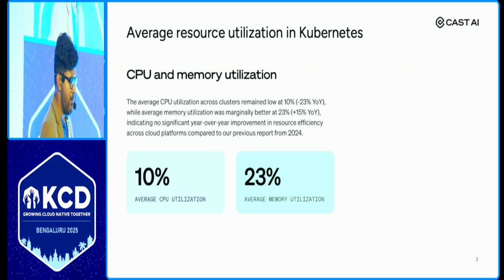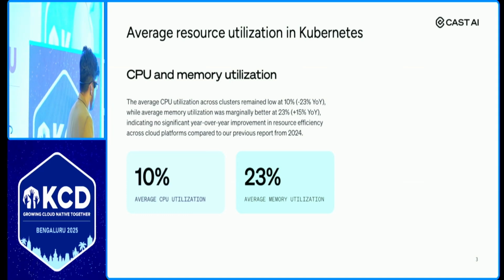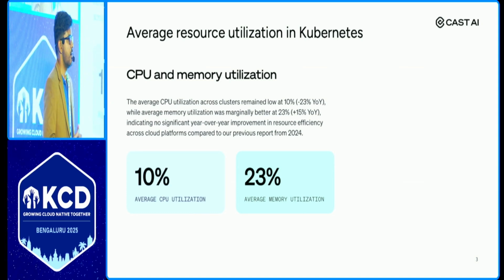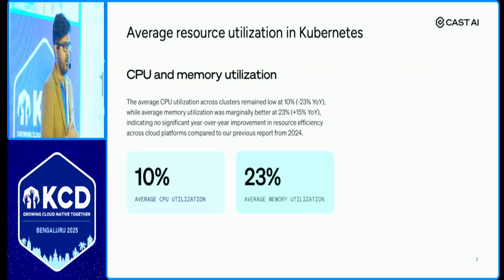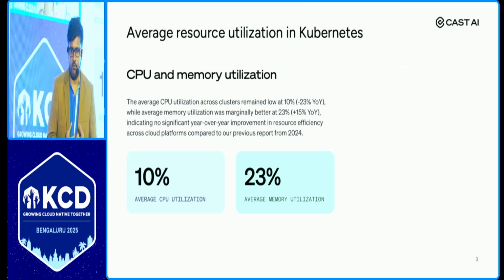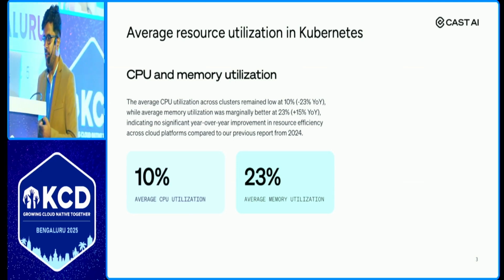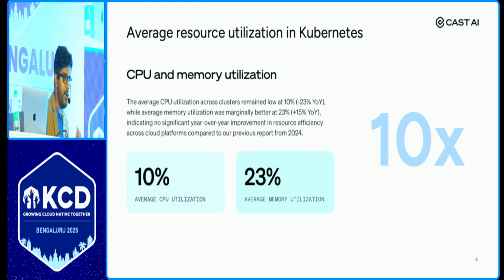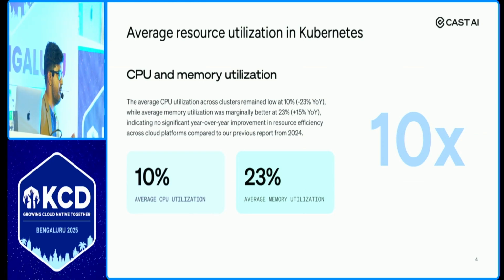Memory is slightly better, at 23% average utilization, but that is the pattern across the three cloud providers. It's not any specific problem. It's a generic problem, and the impact is 10x. That means you are paying 10 times more than what you are actually using.